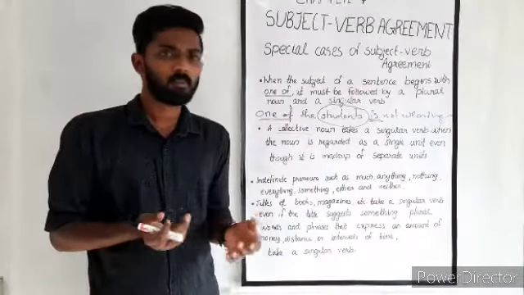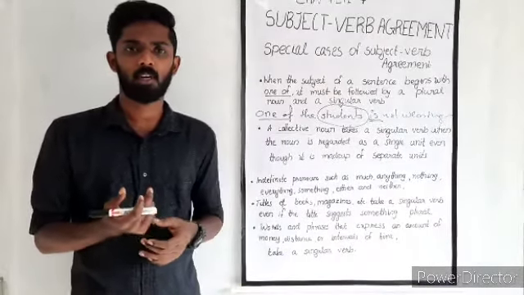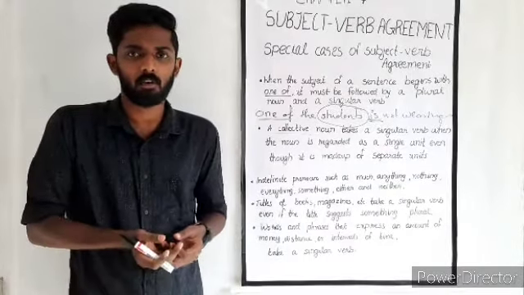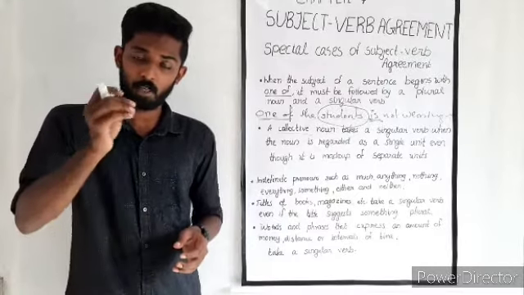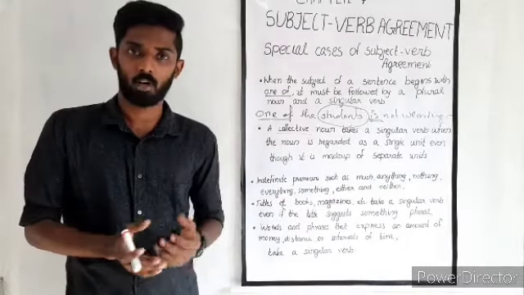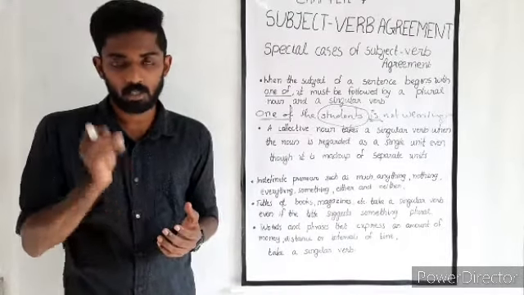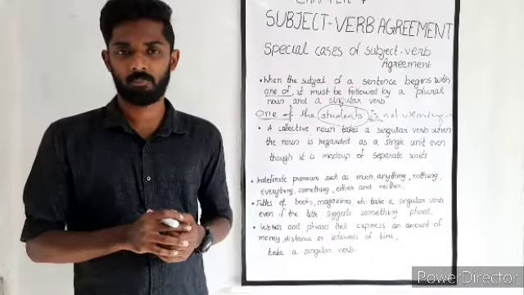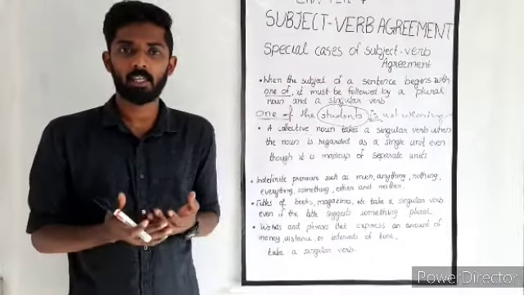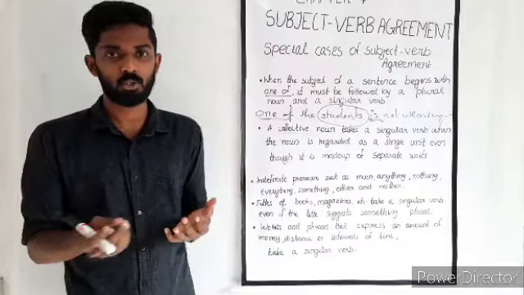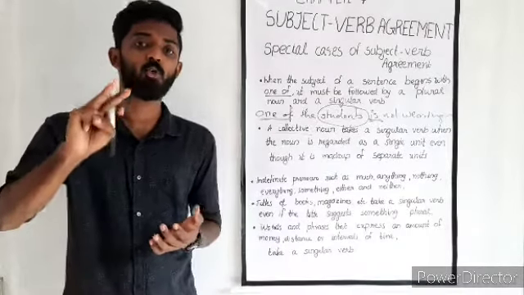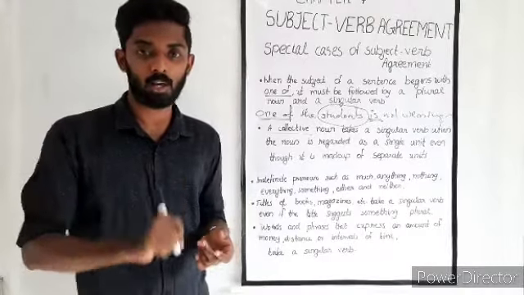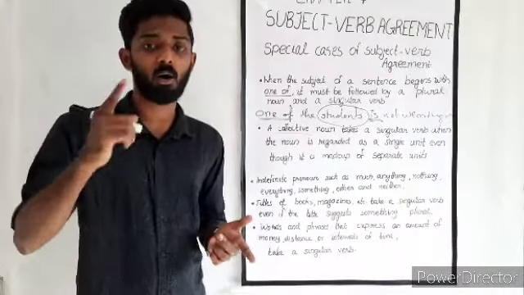For example, 1,000 rupees a day is a good amount of money for this week. So here, though we are speaking about 1,000 rupees, we use a singular verb form. Or else, I'm surprised that even 2 hours was not enough for you. We are not speaking about 1 hour, but about 2 hours.